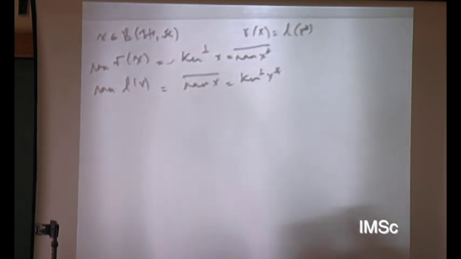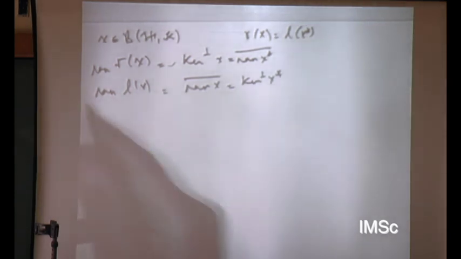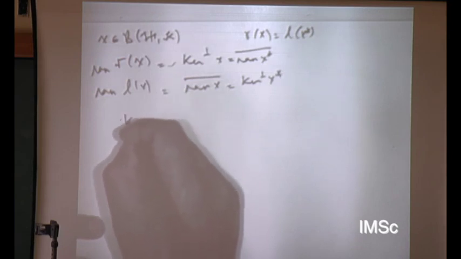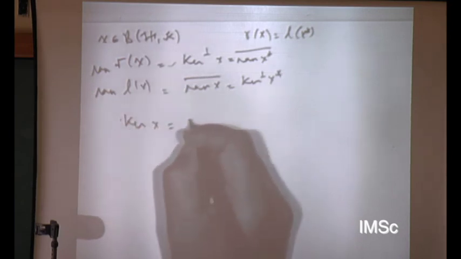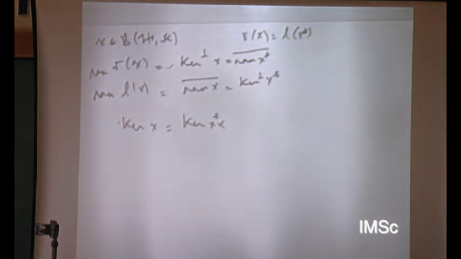Okay, and just one more little thing, maybe I observed this before, but for any x, I want to say that kernel x is equal to kernel of x star x. Because you can see that x xi is 0 means that xi norm squared is 0, the same as saying x star x xi is 0.